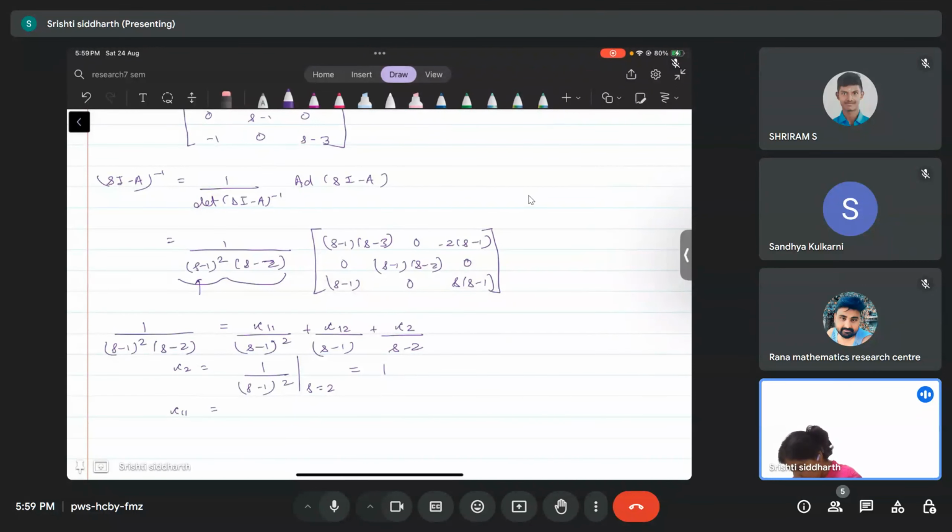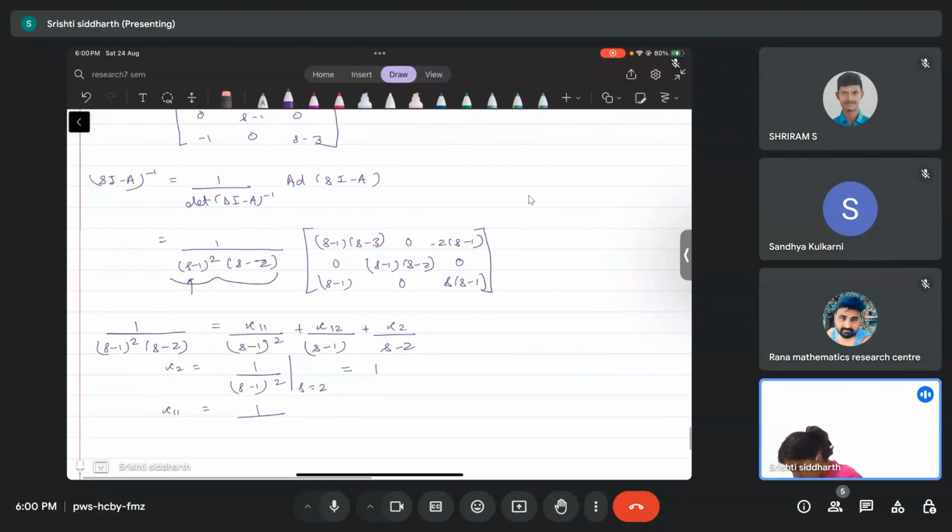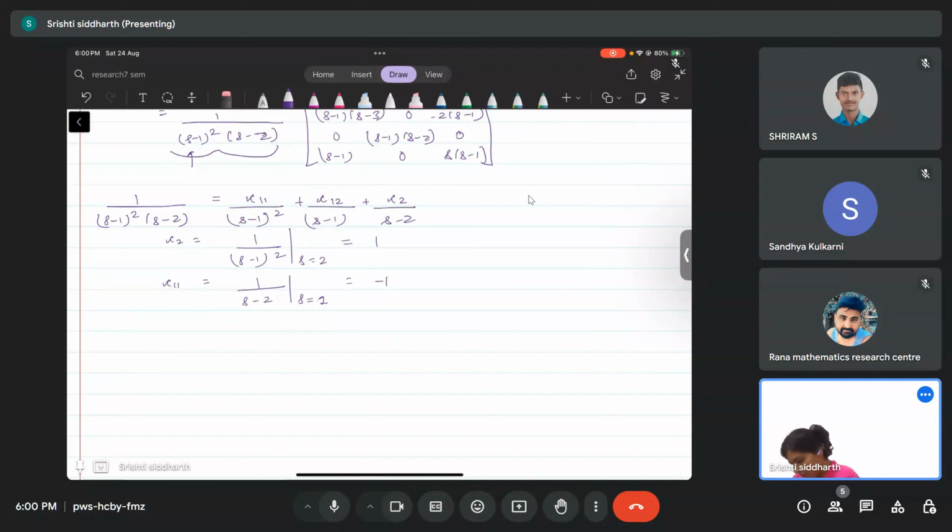Then we have C11. This is going to be 1 over s minus 2 evaluated at s equals 1. This is simply minus 1. So now we have to determine what C12 is. For that, let's expand the left hand and the right hand side of this equation.